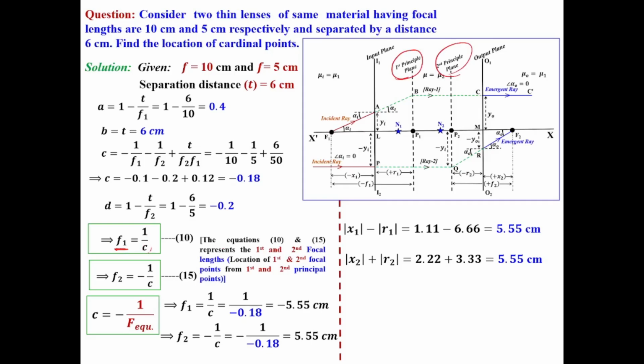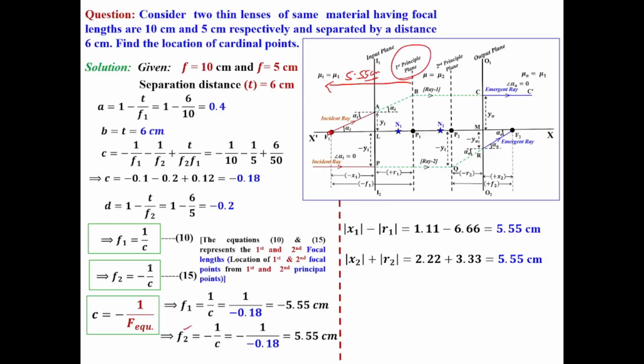If I calculate 1 by c here, c is minus 0.18. 1 by minus 0.18 means f1 we can find minus 5.55. That means we have to move from first principal plane 5.55 centimeter to the left. Then we can find the first focal point.